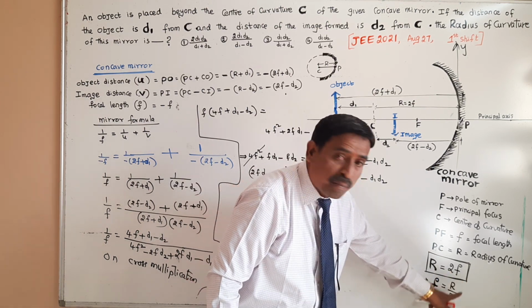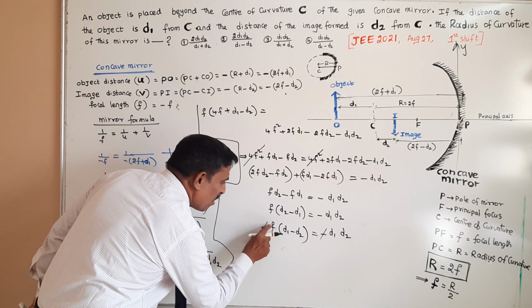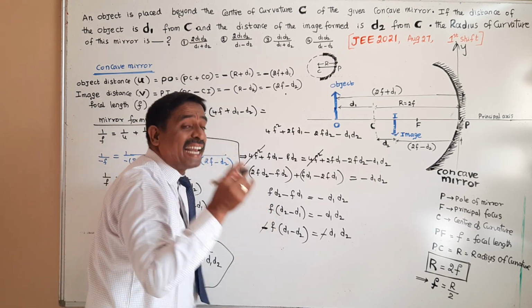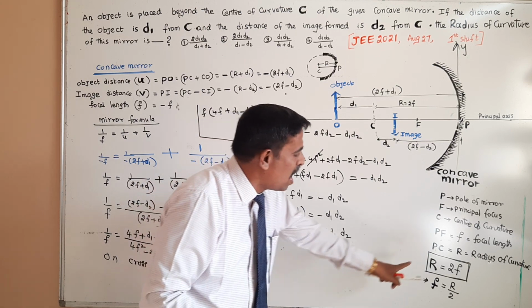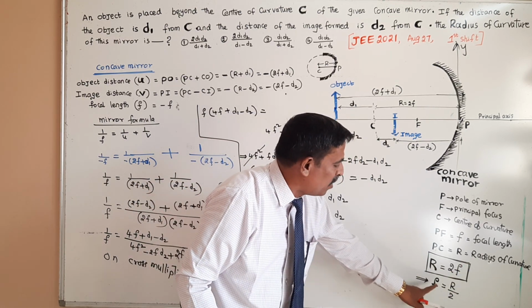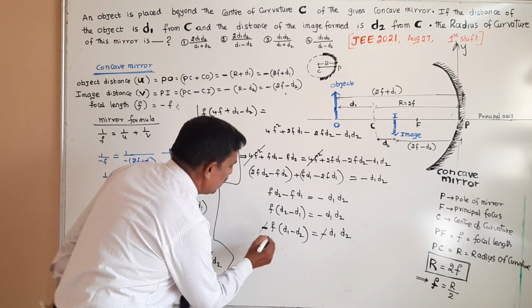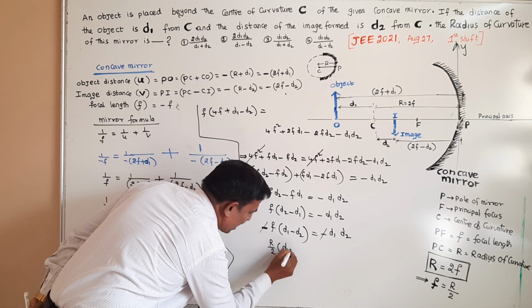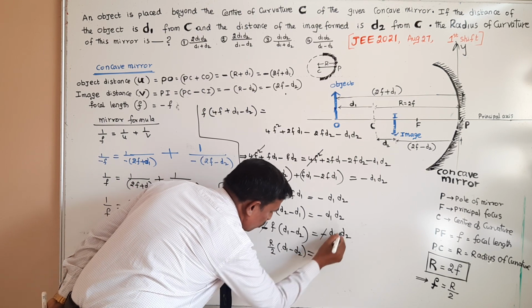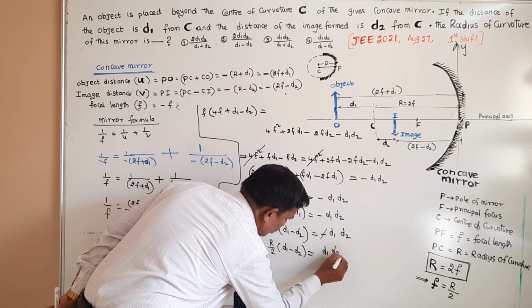There is a relation between the radius of curvature and the focal length of the mirror: capital R is equal to 2f, so f is equal to R by 2. So R by 2 into (d1 minus d2) is equal to d1 d2.